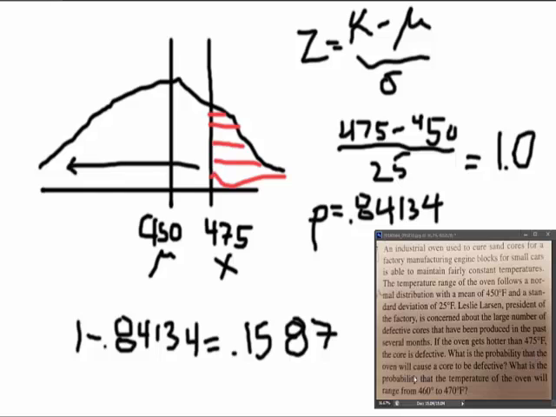So the probability that the oven will cause the core to be defective is 0.1587.